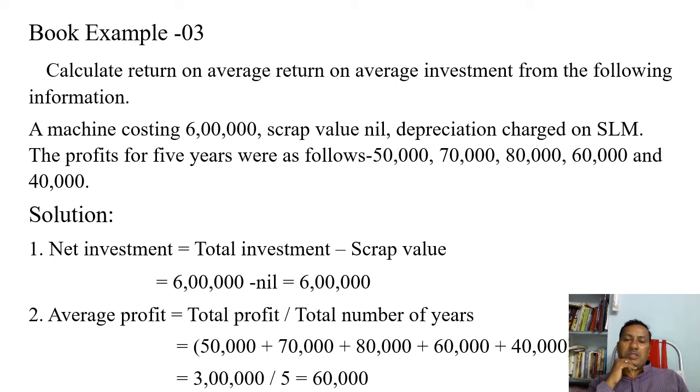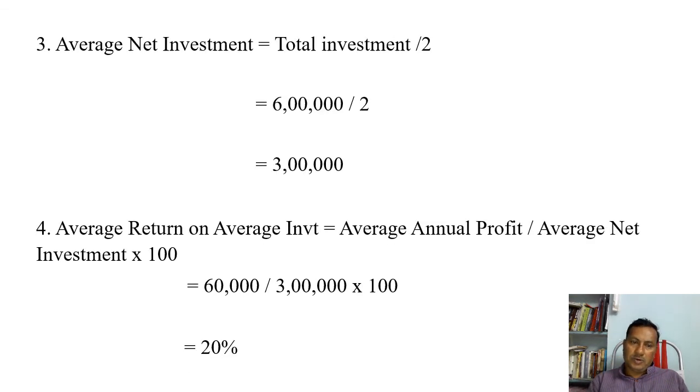Total profits is 3 lakh for 5 years, so 60,000 is the average profit. The average net investment: 6 lakh, the total investment divided by 2, becomes 3 lakh. So for the average return on average investment, the formula will change. Earlier we used to take total profit. Here you have to take the average annual profit divided by average net investment. So 60,000 average annual profit divided by average net investment 3 lakh into 100, it comes to 20%.